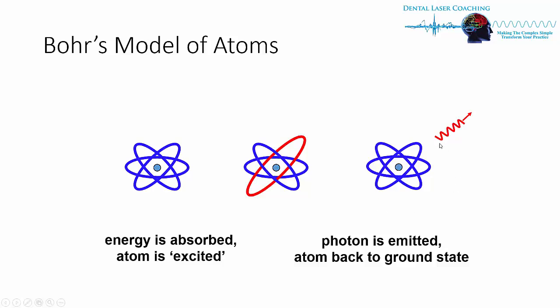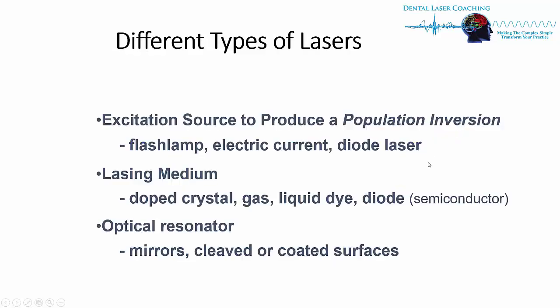When it releases this photon, the photon is released in a wave. And that laser wave is consistent every time and does not vary if the same medium is used.